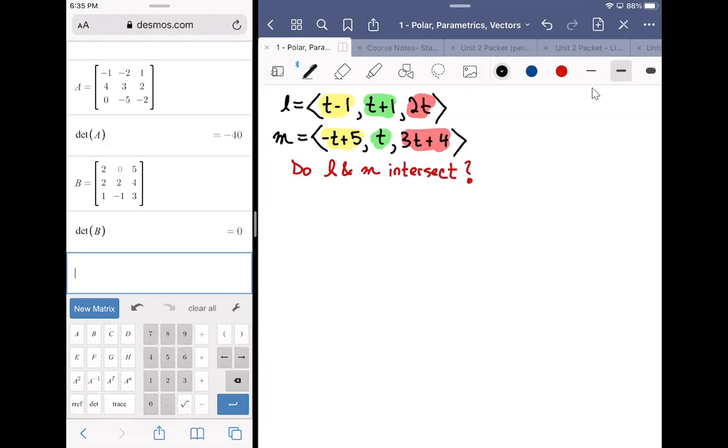So we're going to rewrite it so that t minus 1 is equal to negative s plus 5. We're making the adjustment where each of these t's become s's.